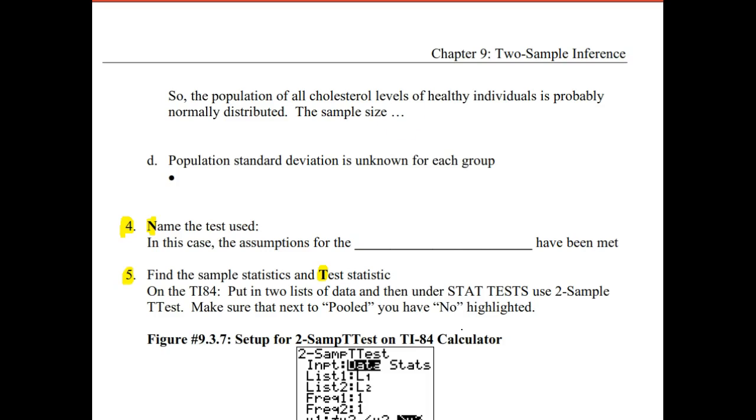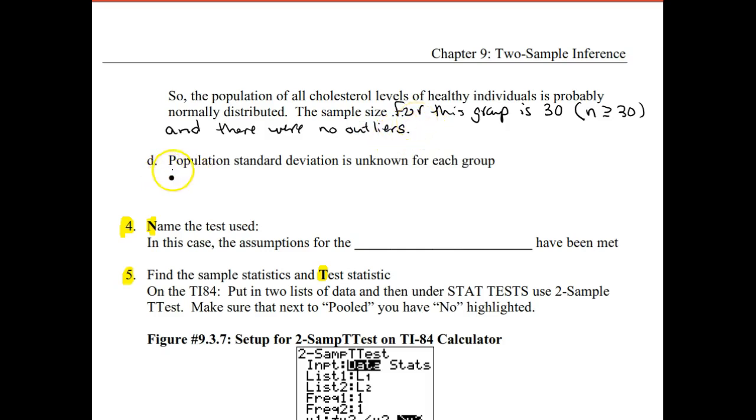So the sample size for this group is 30, greater than or equal to 30, and there were no outliers. So it's reasonable to assume that we can also proceed with this set.